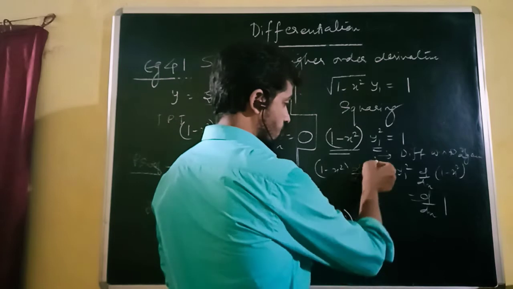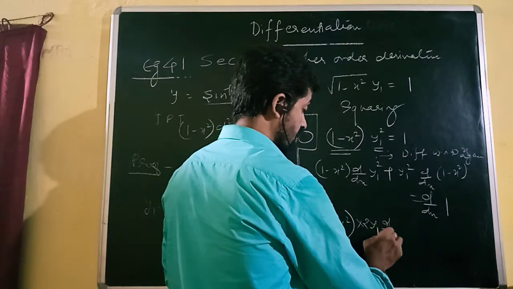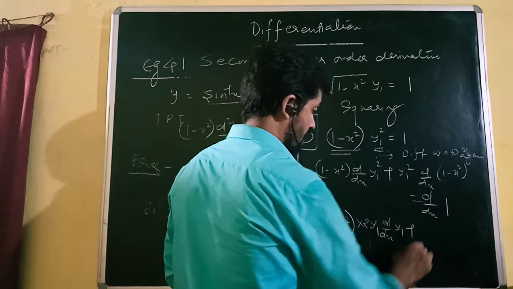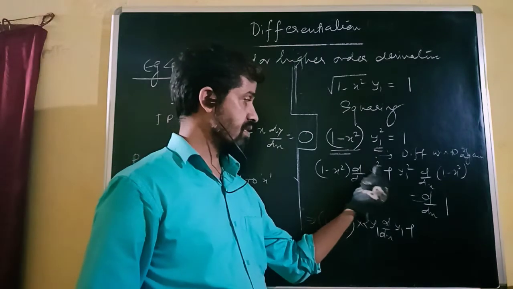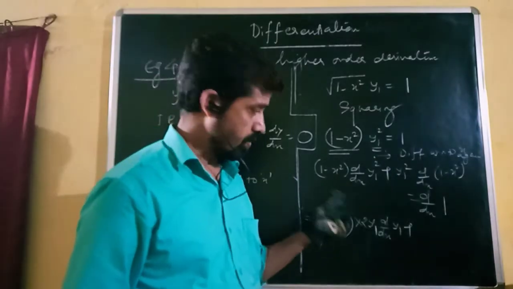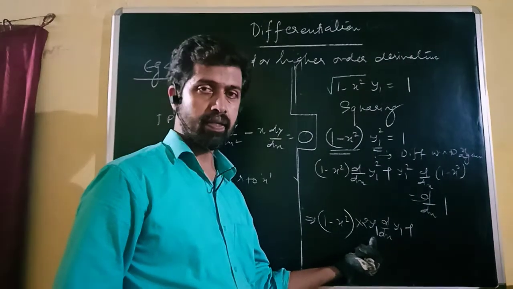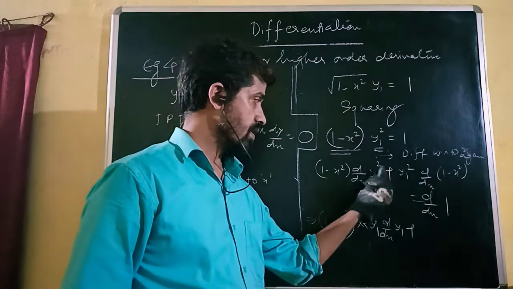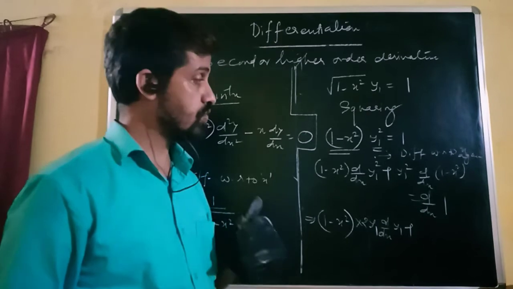So 2y1 we got, and then differentiating y1 again. Just understand it again. We consider y1 as, not x, better to say y. So y square becomes 2y, and then y1 will be differentiated again. That means we have to apply the chain rule.